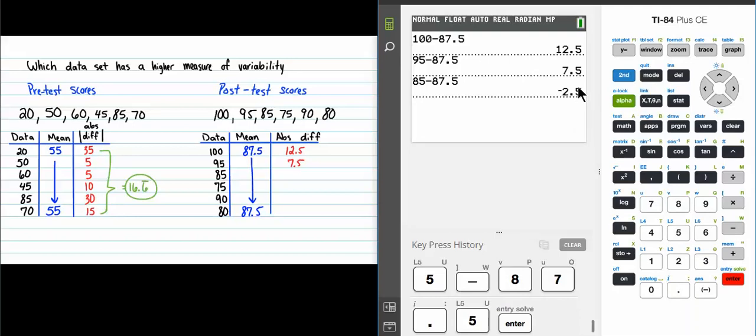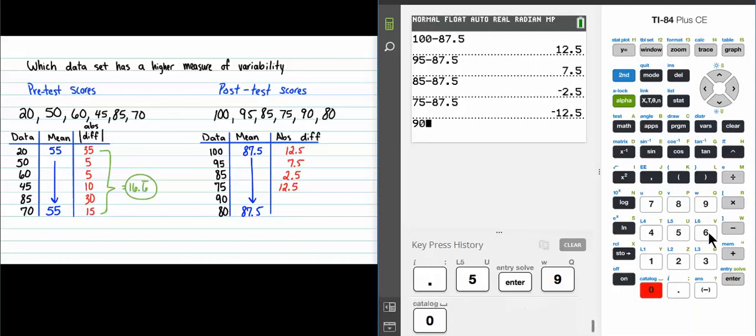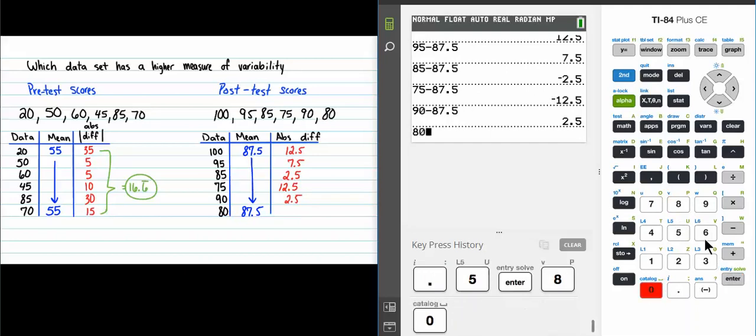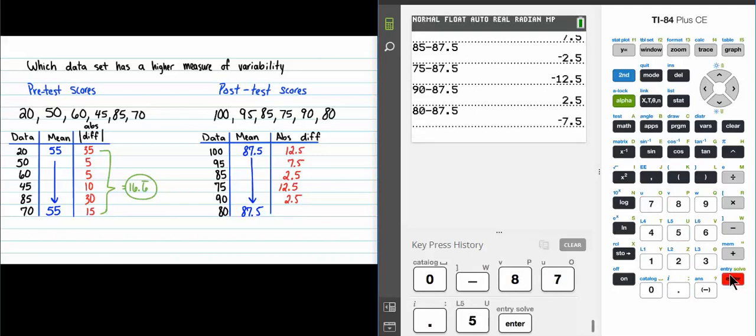And notice you get a negative 2.5, but I'm still going to write it as a positive 2.5. Now we have 75 minus 87.5. And I get 12.5. Make sure you write these as a positive. All right, next I have 90 minus 87.5. And then last one, 80 minus 87.5. And I'll write it as positive 7.5.